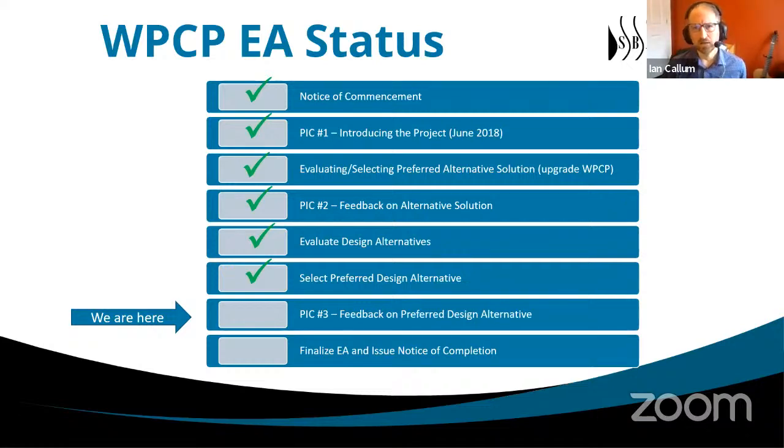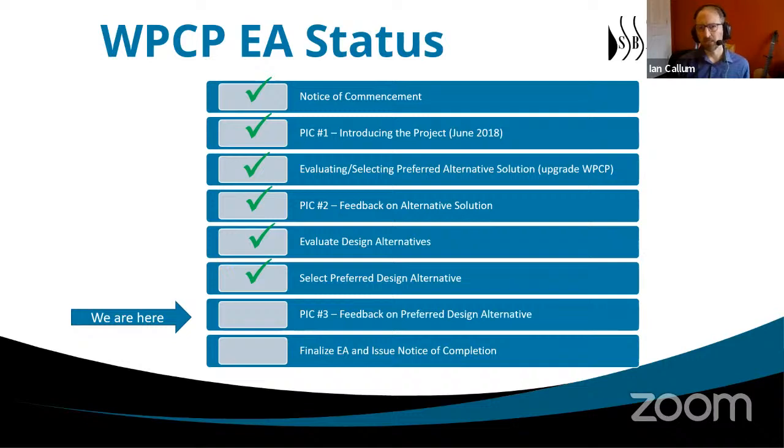And as indicated on this slide, in terms of where we are in the process, we've had two public information centers to date, and we've evaluated the design alternatives, the different ways that we could address the solution of there not being sufficient capacity in the existing water pollution control plant. That's the topic that we presented at the last open house in terms of coming to a preferred alternative in terms of upgrading the existing plant as the preferred option.